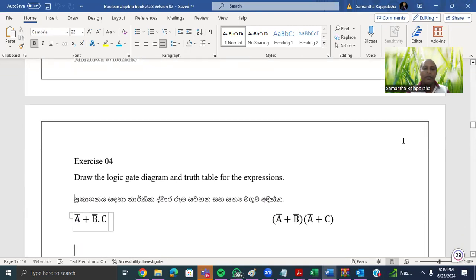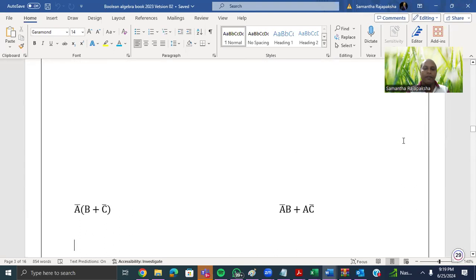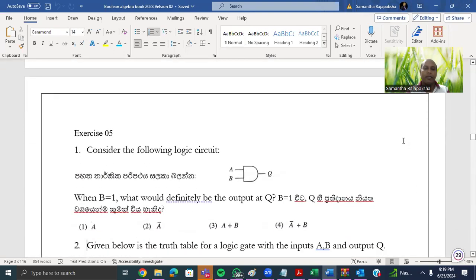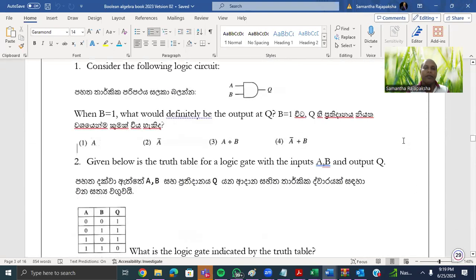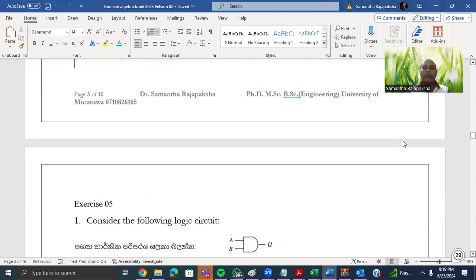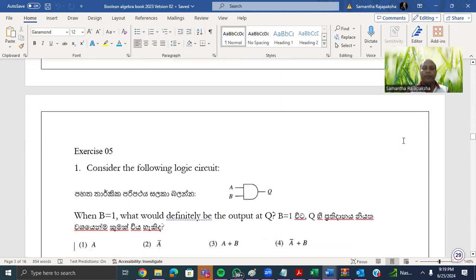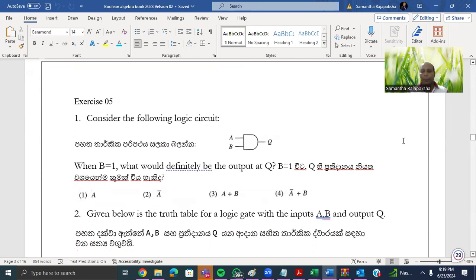Then I just want to come to some of the questions that are there. So if you go to exercise 5, now this question is asking, you have a logic gate. Here it says that B is always 1. When B is 1, what should be the output of this gate? Now we know that this is actually an AND gate.